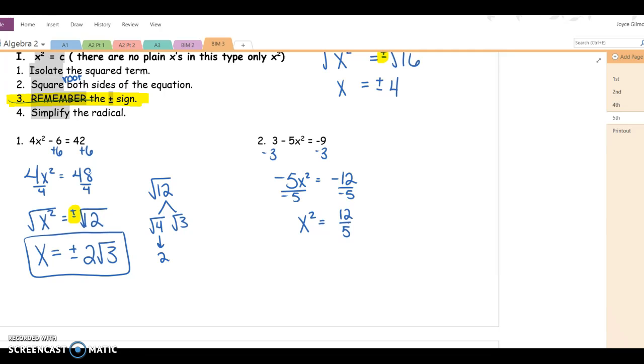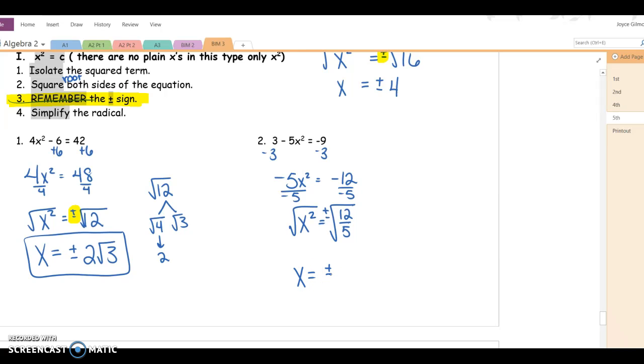To get rid of the square on the x, we need to square root both sides. Don't forget about the plus minus. So x is going to equal plus minus.